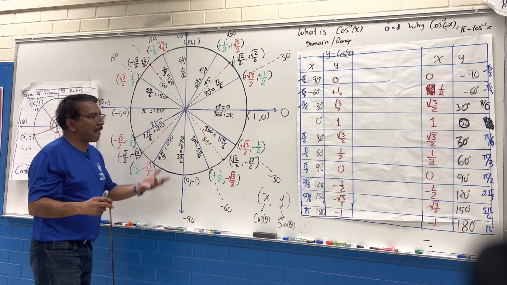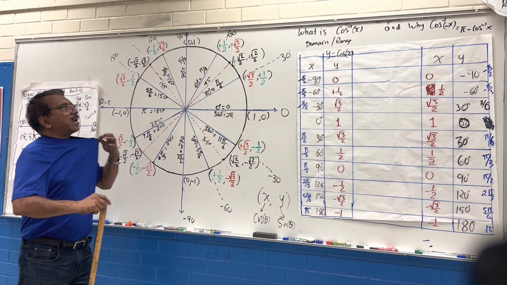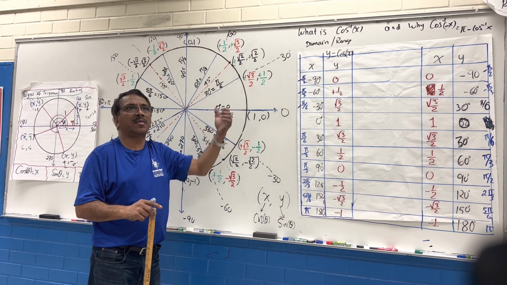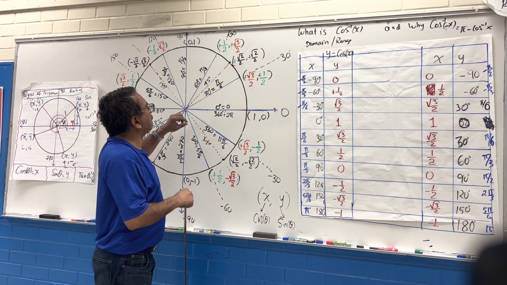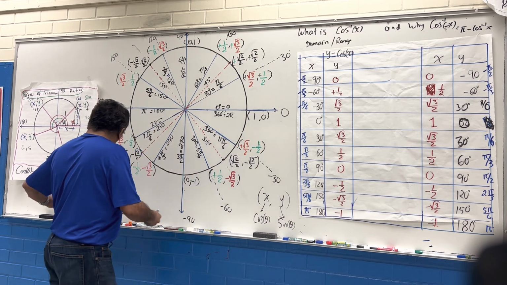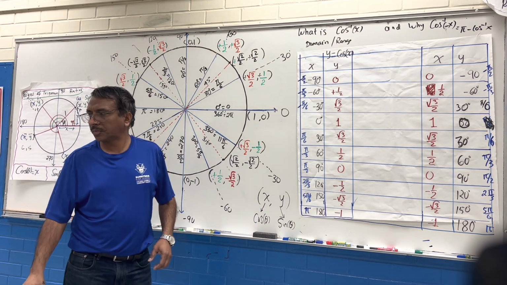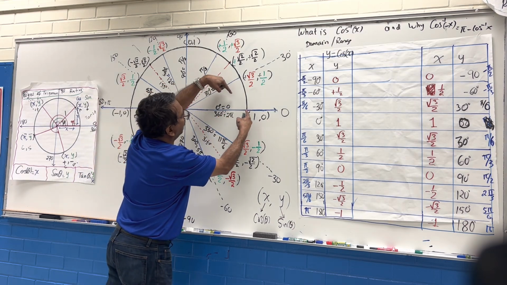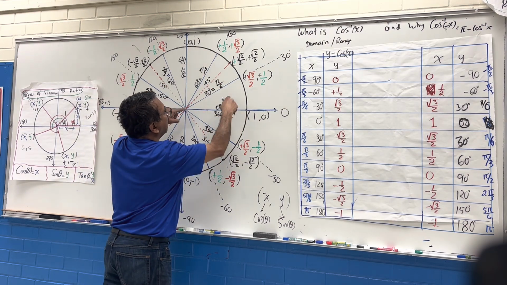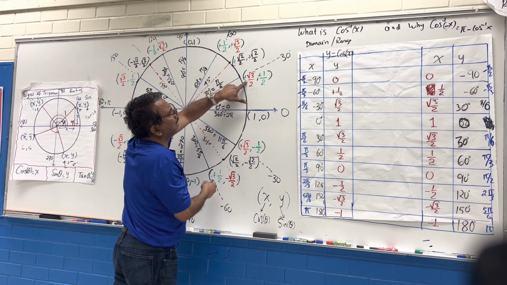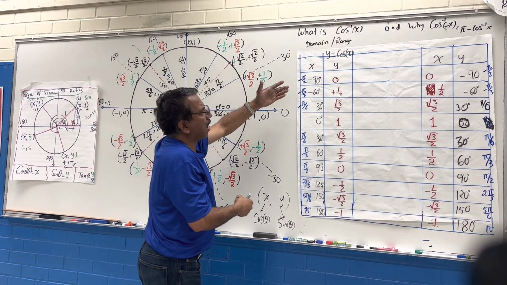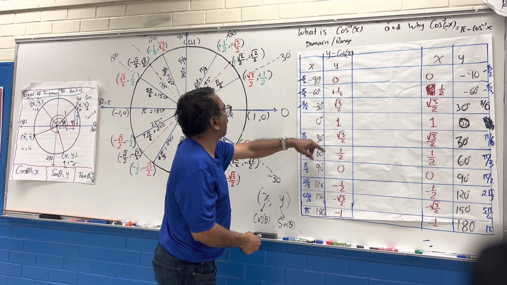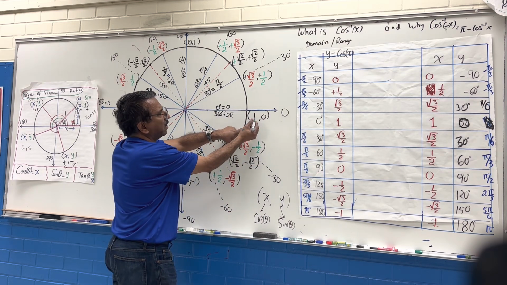The first number in each pair stands for the cosine. So if this angle is 30 degrees, that's the terminal side and that's the initial side, and the cosine is root 3 by 2. Let me take the positive ones first.